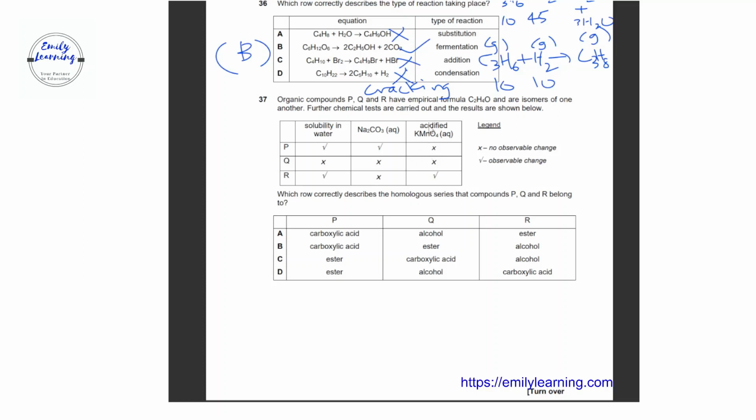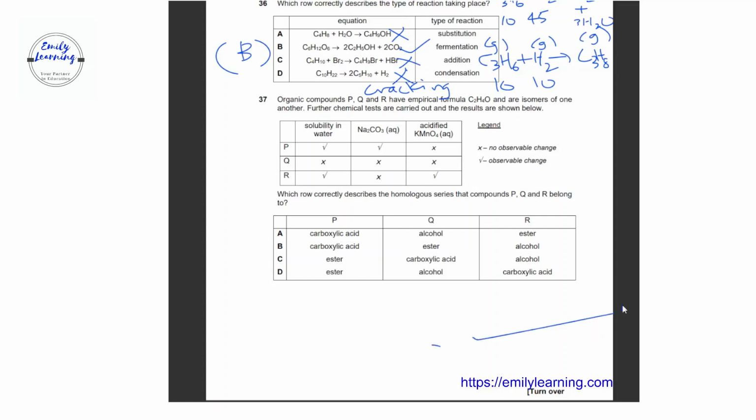So we know that C2H4O has one oxygen. You only learn a few functional groups, right? You only learn alcohols, alkanes, carboxylic acids, esters. For esters and carboxylic acids, they need 2 oxygen because of the functional group. The functional group of carboxylic acid is COOH.